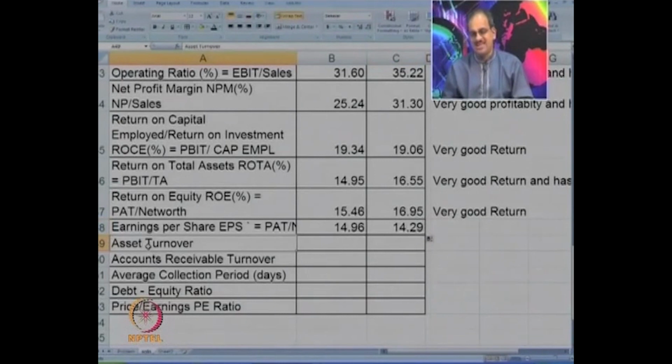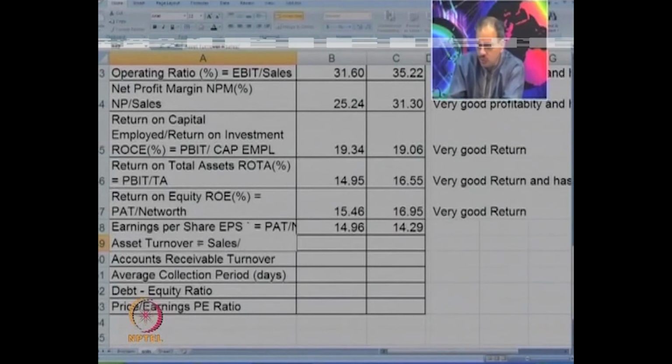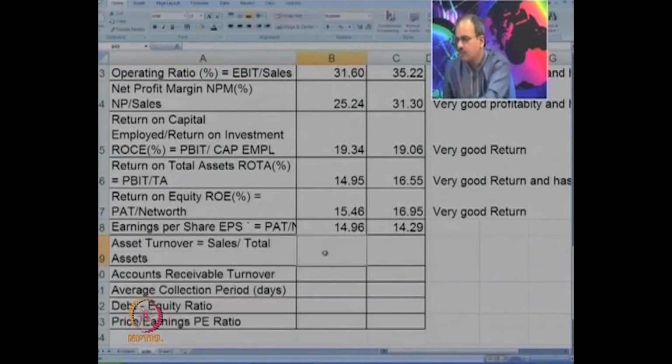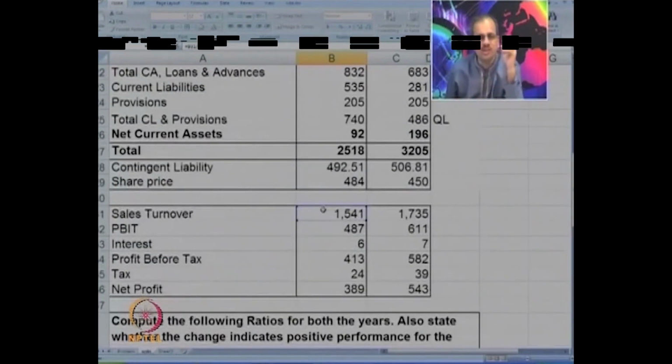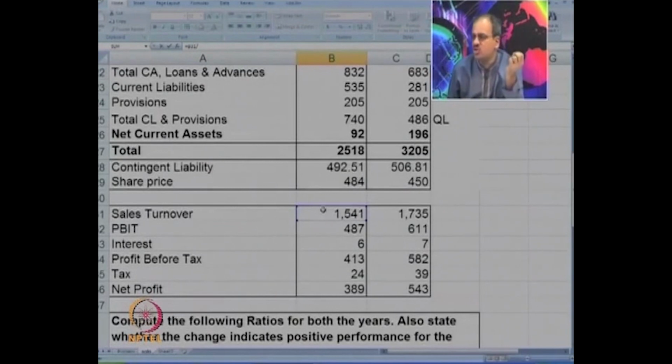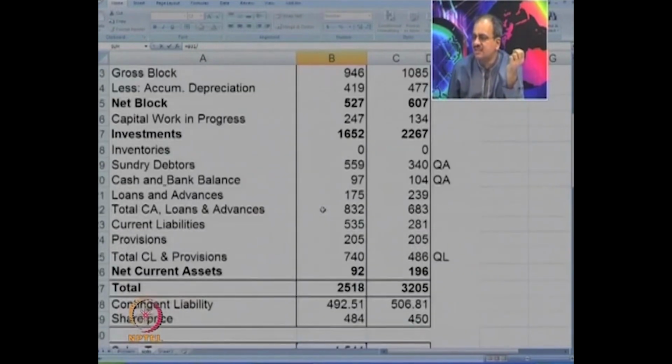Now, we will look at the asset turnover. So, what is the formula for asset turnover? This ratio tries to find how efficiently the assets are being used. So, we will try to link sales to total assets. You already know the sale turnover, which is going to be the numerator for all turnover ratios, and we will look at the total assets.